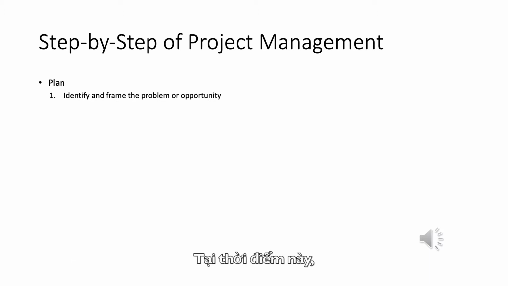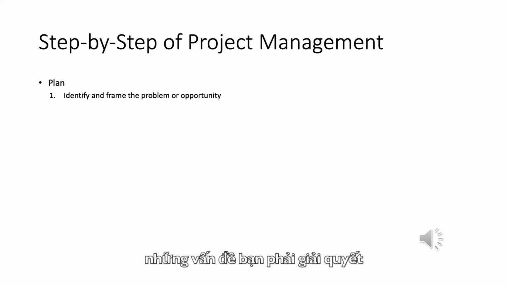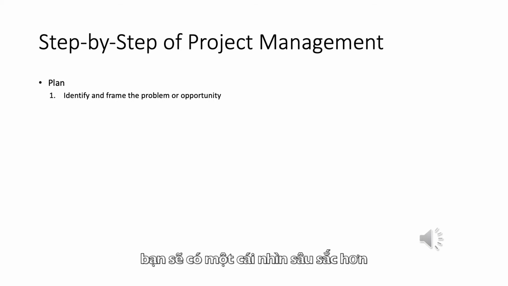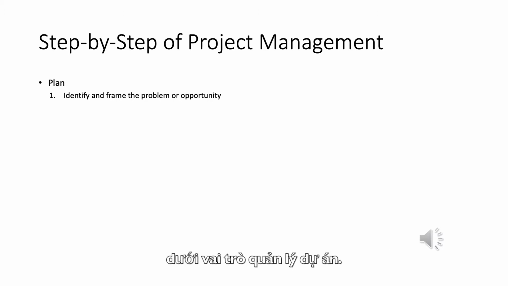At that point in time, you have a very high-level perspective, but you don't really know exactly what problems you're going to be solving until you spend more time asking detailed questions. By asking lots of questions and collecting data about the problem as seen by senior management and others, you will be able to figure out much more precisely what problem you're actually being asked to solve as a project manager.